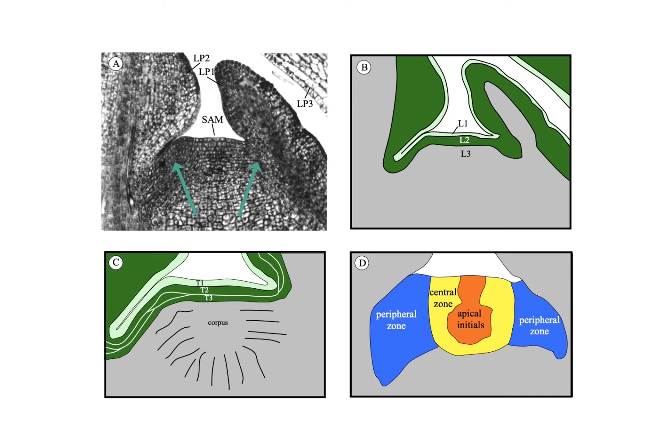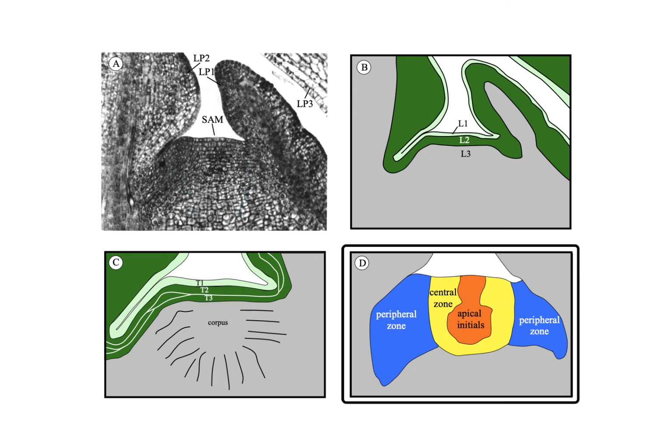So then now they not only divide to form distinct layers, but they also start dividing in the other direction to sort of produce a lump of tissue instead of just a distinct layer of cells.